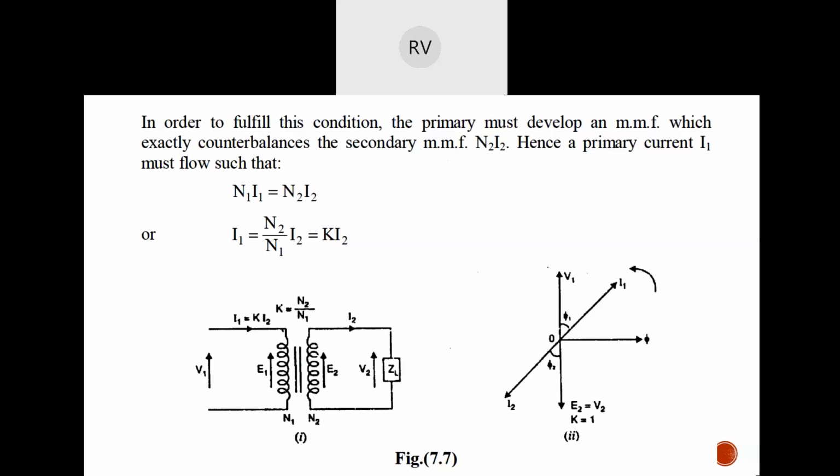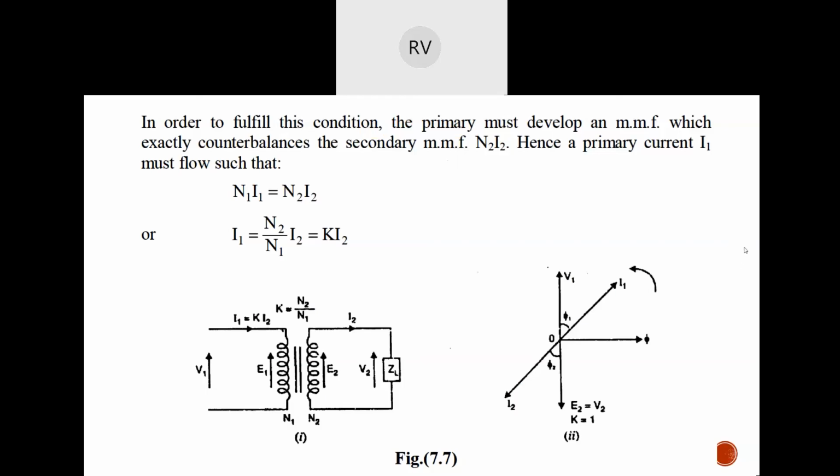It will be exactly equal and opposite in direction, such that those two fluxes will nullify, and the mutual flux which was set up at the start will not be disturbed.